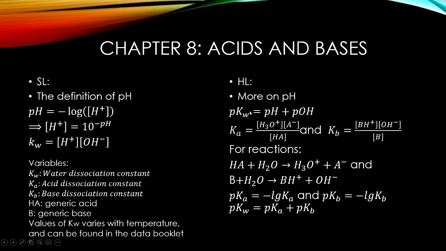So this equation would usually just say pH plus pOH equals 14, because at standard conditions the Kw is 10 to the minus 14. So if you take the negative log, you get 14. So it's one way to convert between pH and pOH. And it's the same to convert between pKa and pKb. So yeah, that's all the questions for acids and bases.